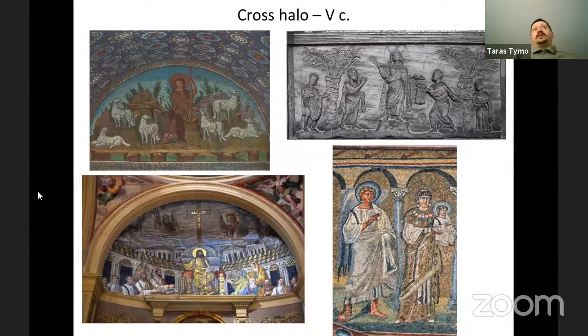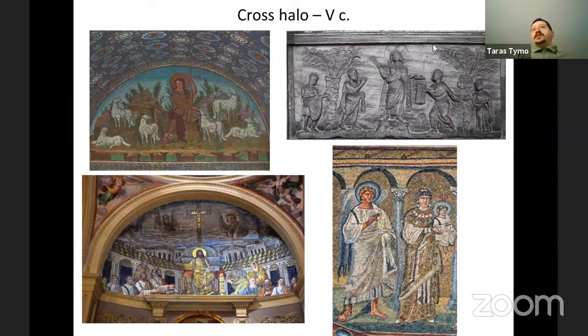So Jesus' halo doesn't mean necessarily divinity in earlier representations, but halo is often paired with the sign of the cross, as we see in these images you have seen before. Here is halo and cross, and again Jesus with simple halo and the cross on the top.